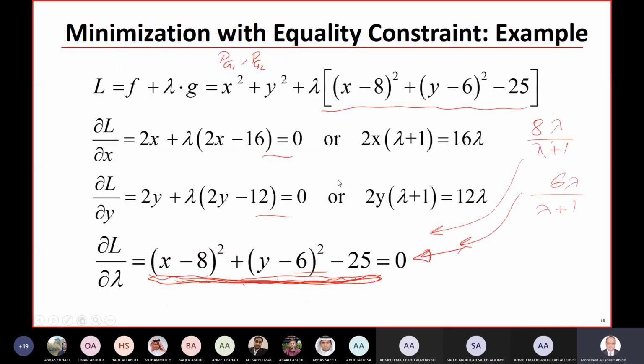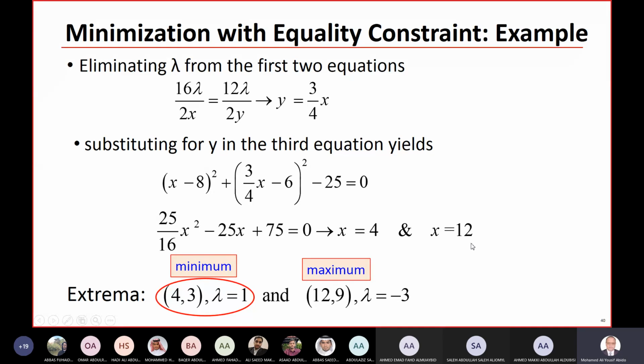If y equals 3, how much is lambda? Or x equals 4, how much is lambda? Oh, this is the opposite. Now we have it here. If x equals 4, then this is 8 and this is 8 and this is minus 16, so minus 8, and this 8, so lambda equals 1. Okay, so lambda will be equal to 1.